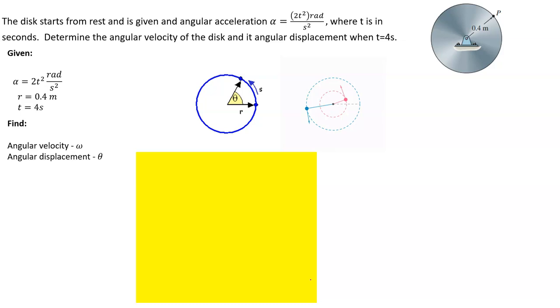So let's just start off looking at our angular velocity. Like I said, you've got a window between 0 and 4 seconds, and we want to know what the angular velocity is at the end of that 4 seconds. And we do have our acceleration expressed as a function of 2t squared radians per second squared.